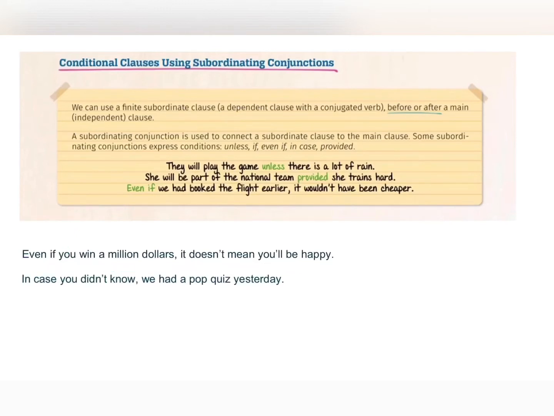And the last example I have for this topic is in case you didn't know, that would be your dependent clause. We had a pop quiz yesterday. It could be a sentence on its own, therefore it's independent or the main clause. And your subordinating conjunction in this case is in case.